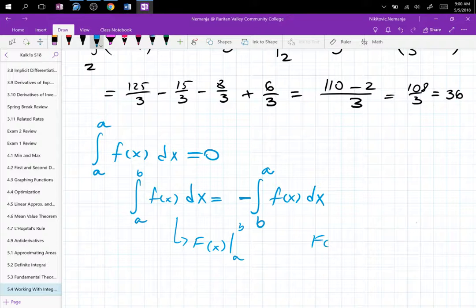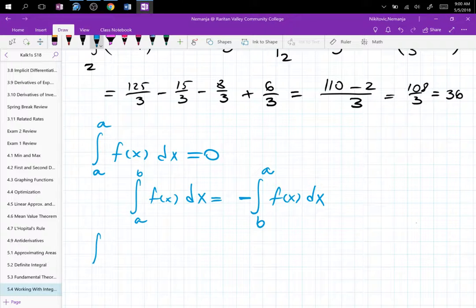Over here you compute f of x, but you get negative f of x, and you get b to a. So now when you write these out, this minus obviously will propagate and change the sign so it will look the same for both sides. So that's just a quick outline there.